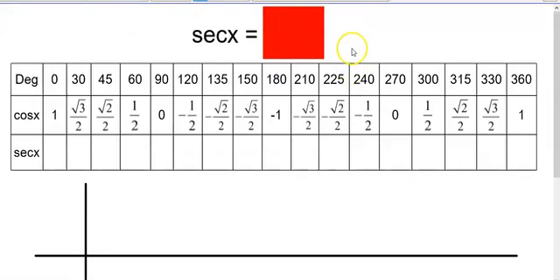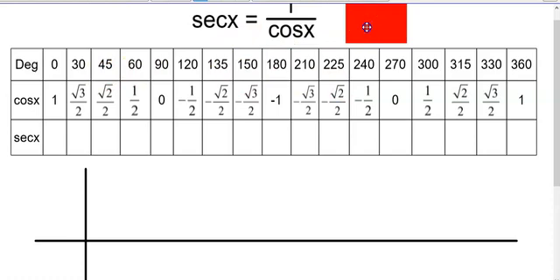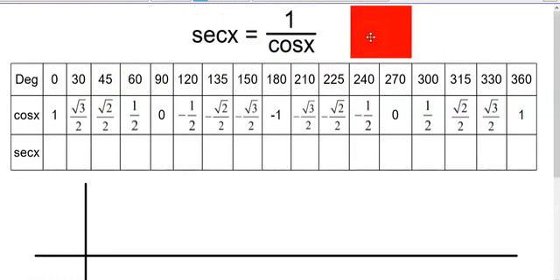All right, moving on to secant. I don't think I'm going to do this whole entire table, but it's the same idea. Secant is the reciprocal of cosine. So if we were going to do this whole parent function, we would again make these into fractions, and then flip them all.